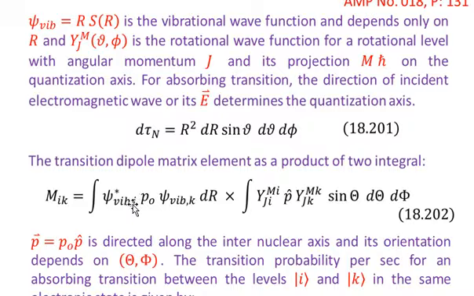So I have M_ik as one integral around the vibrational state, and the other along the angular part of the nuclear system. These two integrals are actually the integrals of the nuclear part. One contains the vibrational part, the other contains the azimuthal part. The integral that contains the vibrational part contains p naught, which I have just shown you, and the other integral, which contains the azimuthal part, contains the p unit vector, or p hat.